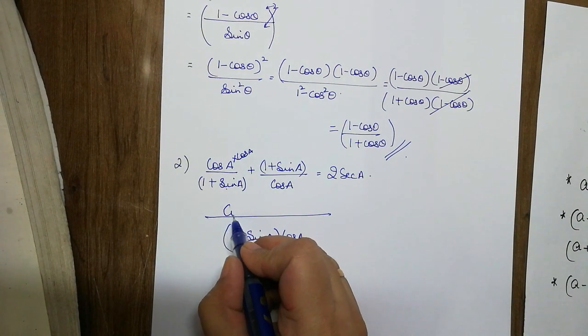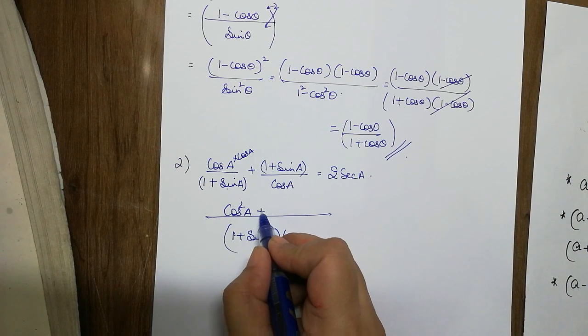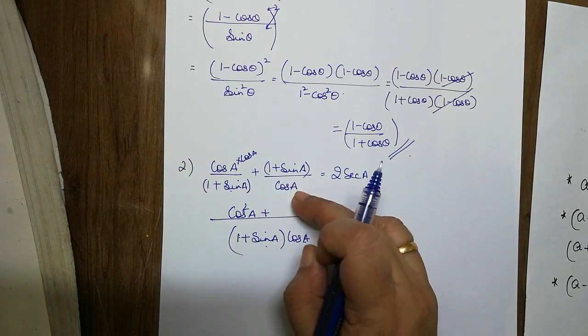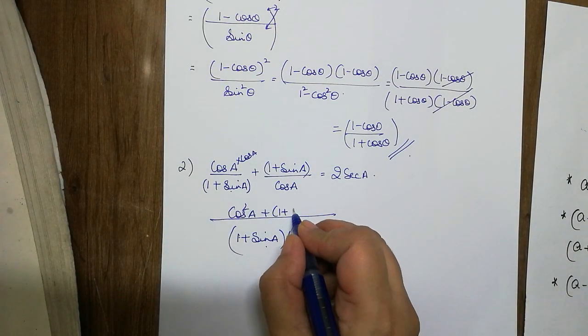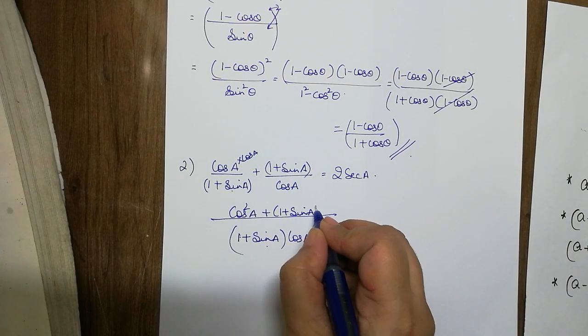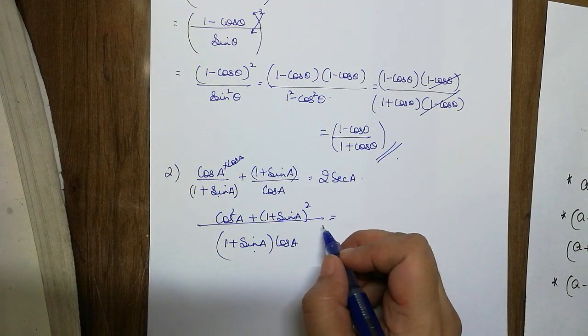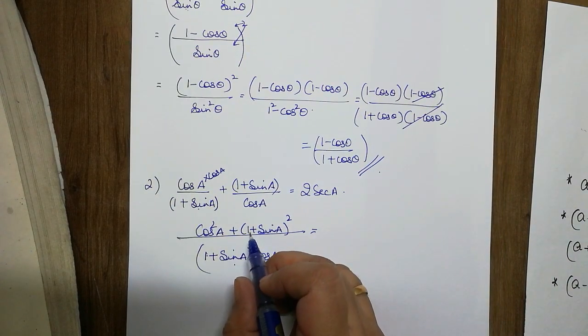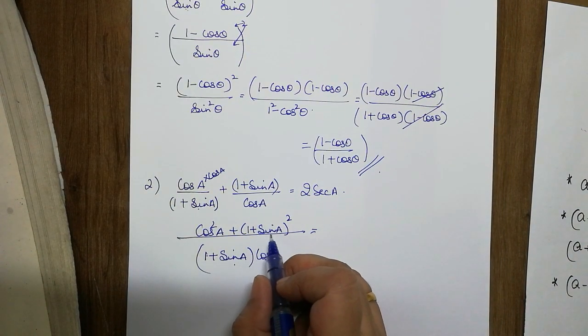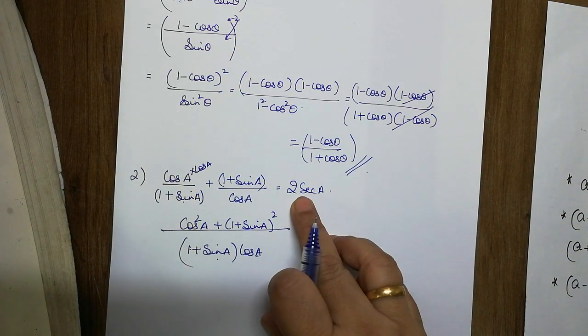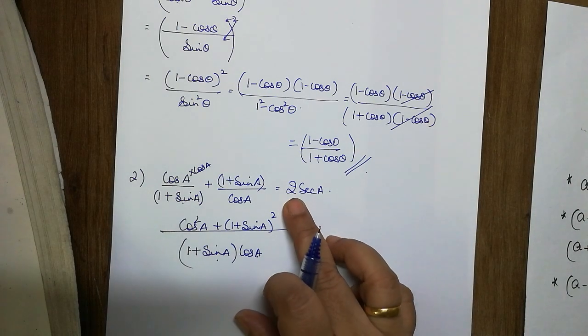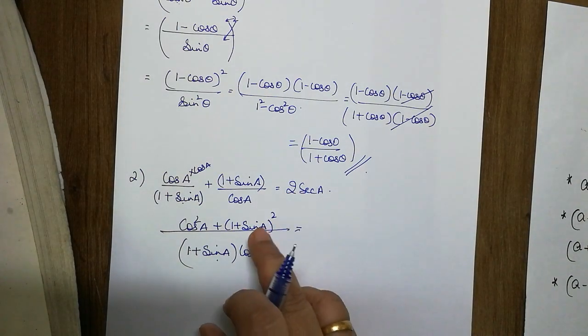So this becomes cos square a plus, here in this one cos a is there, and when we multiply this it will become 1 plus sin a whole square. So here again, whether we have to write 1 plus sin a into 1 plus sin a, or we have to expand it. Look, the question will tell us, we have 2 over here, so that 2ab we will get in that part.